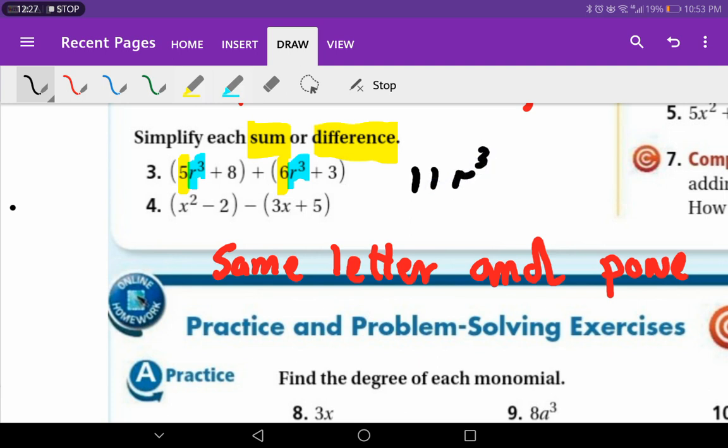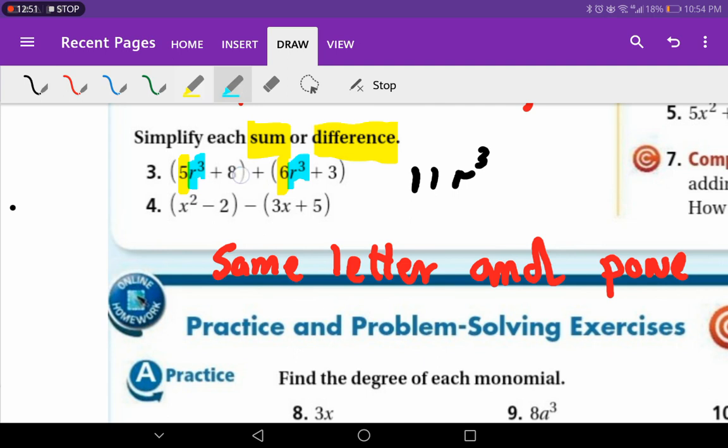So we just add the numbers, teacher? Yes. What about the power? It remains? Yes. Before, we added them when we multiply or divide, but this is add or subtract. You don't touch the power, the power stays as it is.